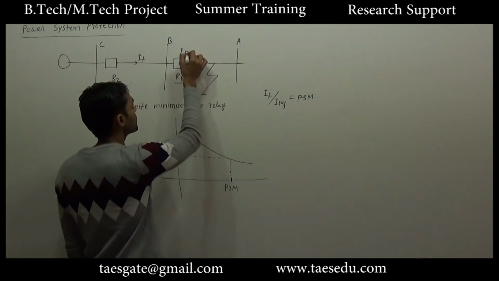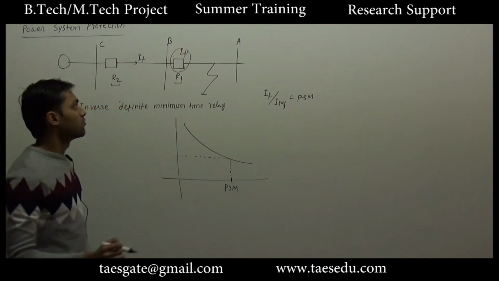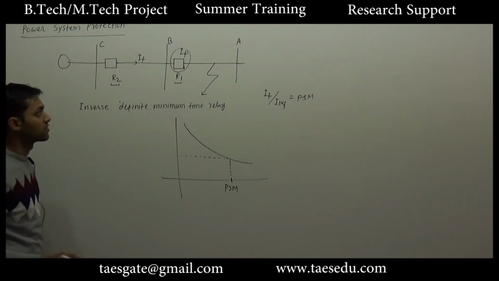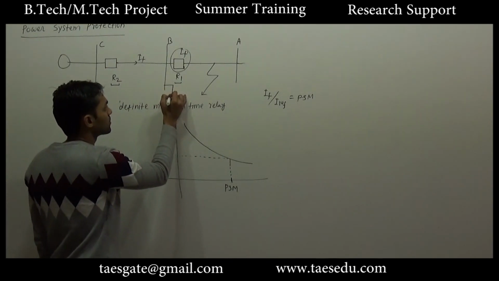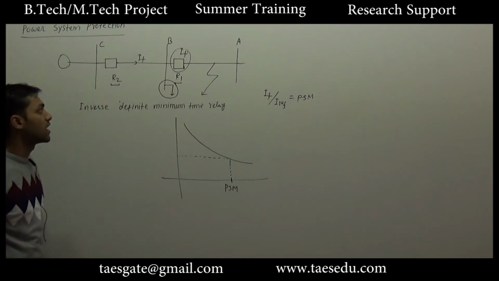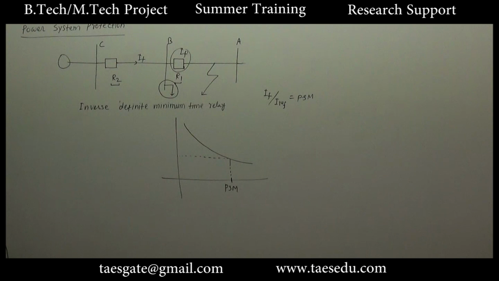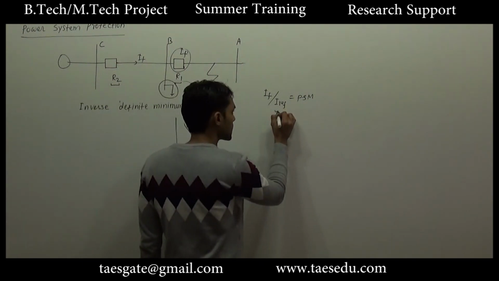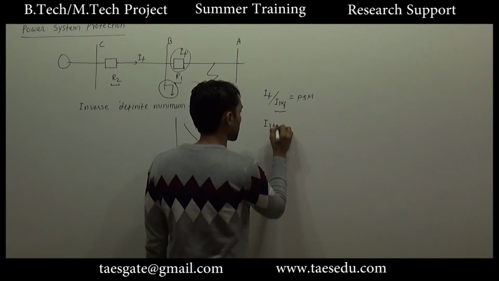If this relay works first, then it's okay, but if the R2 relay works first, this part will unnecessarily be isolated from the electrical supply. But as I said earlier, the reference current can be set manually for a relay.